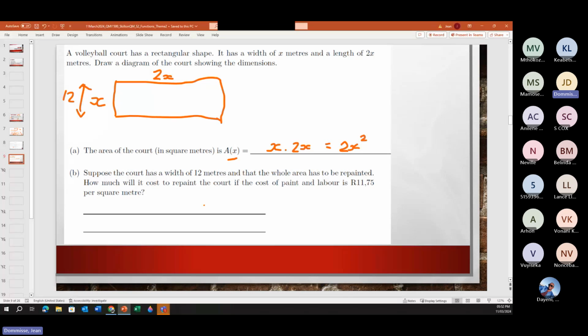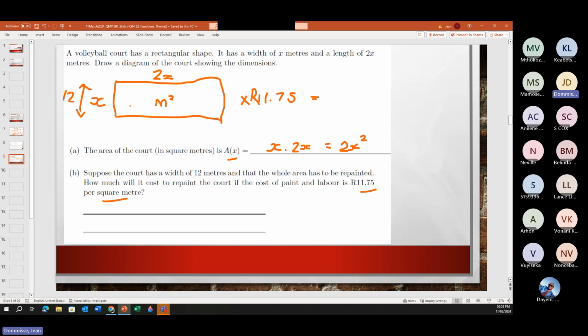How much will it cost to repaint the court if the cost of paint and labor is 11 Rand 75 per square meter? First you need to work out how many square meters this court is. Then we multiply that by 11 Rand 75 to work out the total cost of repainting it.